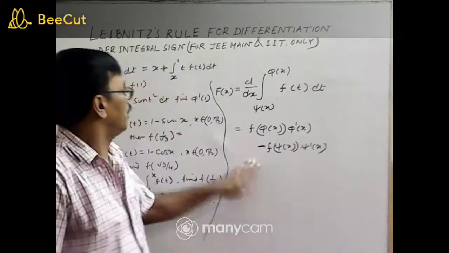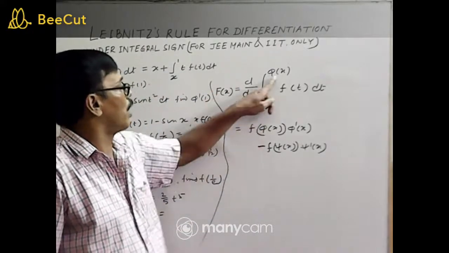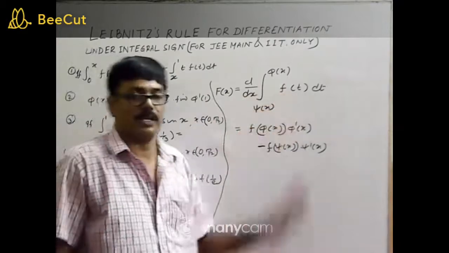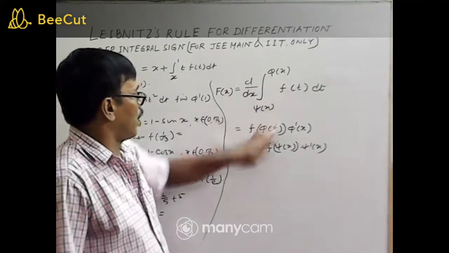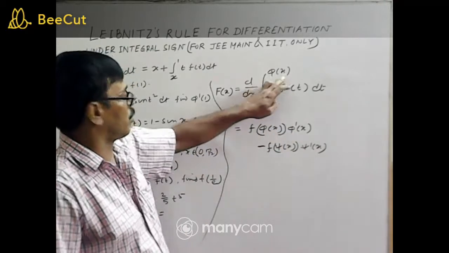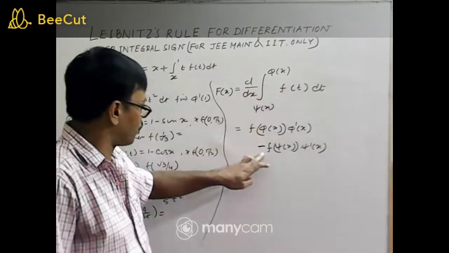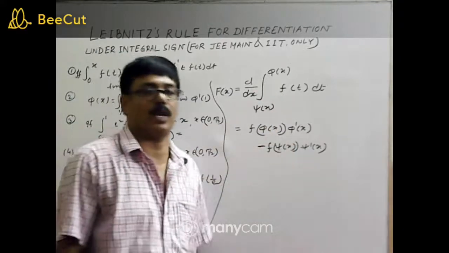Listen again: d/dx of the integral from phi1(x) to phi2(x) of f(t) dt equals f of upper limit times d/dx of upper limit, minus f of lower limit times d/dx of lower limit.